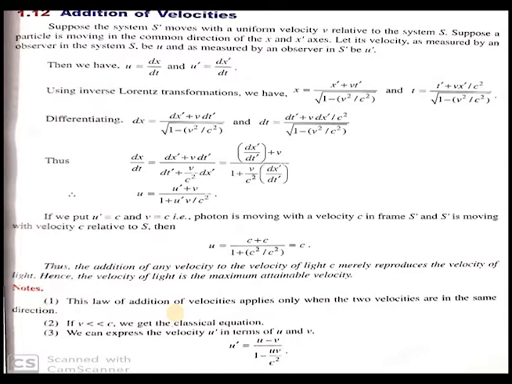So next is addition of velocities, one of the applications of the Lorentz transformation equations. Relativistic addition of velocities. Suppose we have a system S prime moving with a uniform velocity v relative to the system S. The coordinates in the S prime frame are x prime, y prime, z prime, and the coordinates in the S frame are x, y, z.